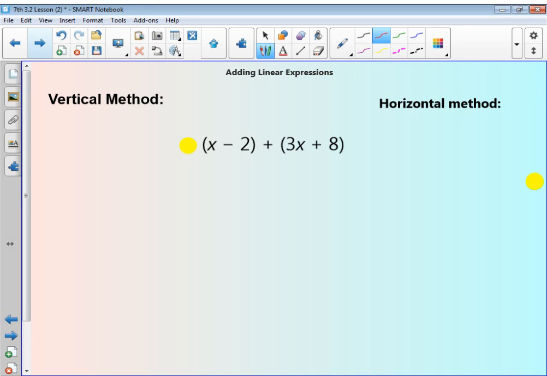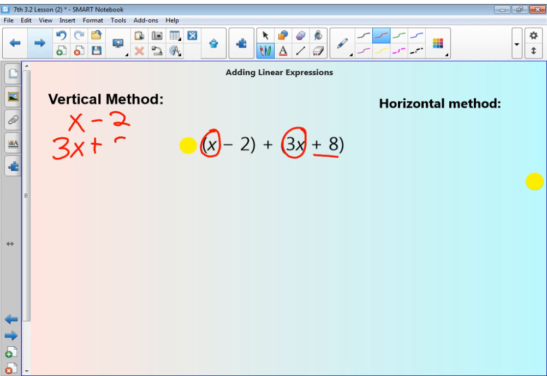So if I look at this, I'm going to go ahead and mark my like terms. So I have an x minus 2. And when you use the vertical method, you have to make sure that you line up like terms. So this and this have to be underneath or on top of each other. So I've got a 3x, and then this was plus 8.